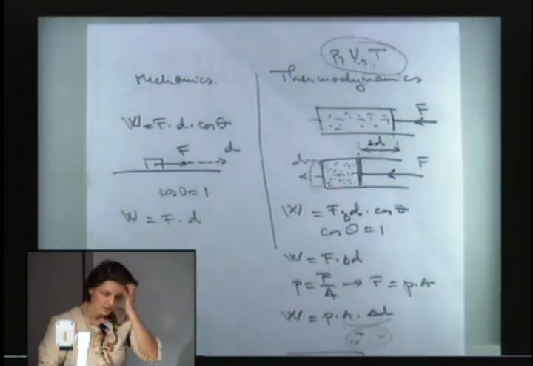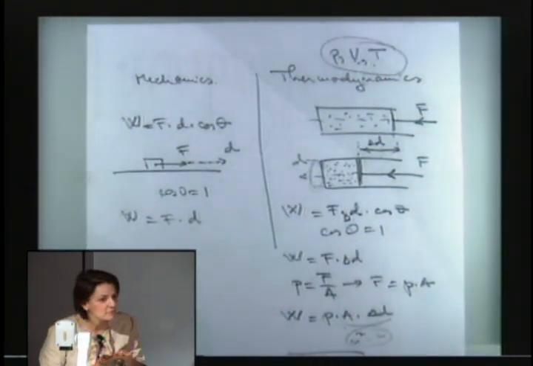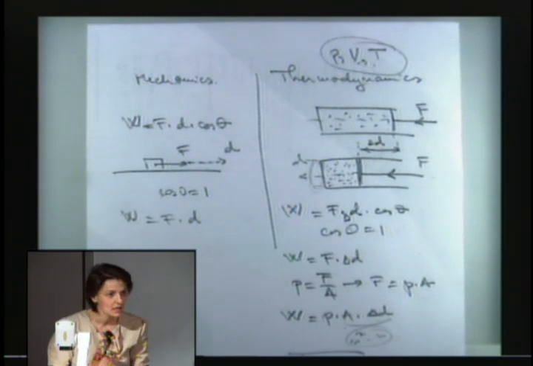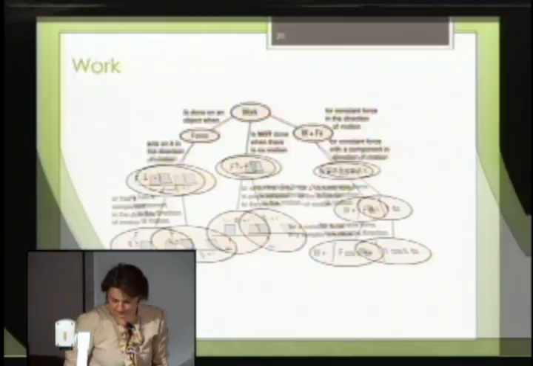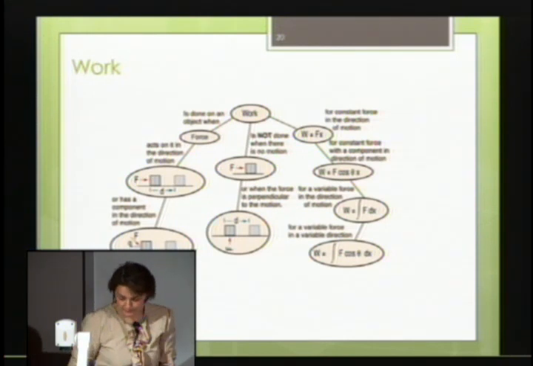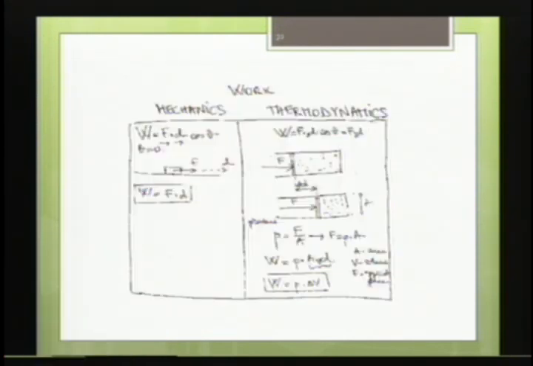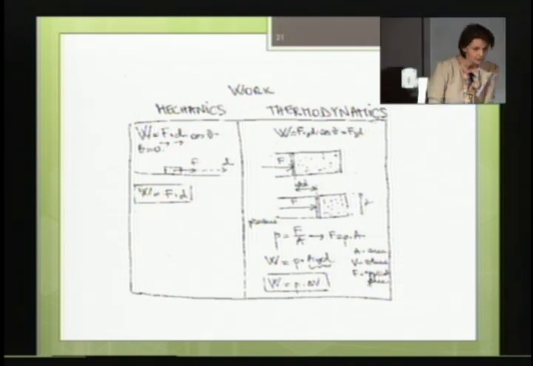So I can have different types of processes. And in some processes, I have some parameters which are constant, right? You're familiar with this, right? How can I derive the formula for work in thermodynamics, starting with the formula for work in mechanics?